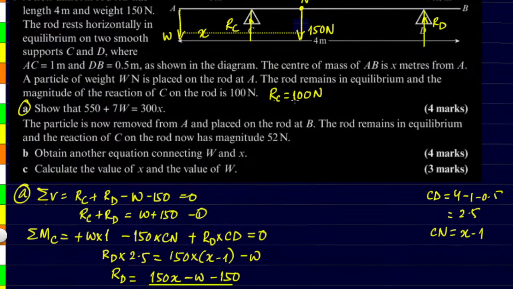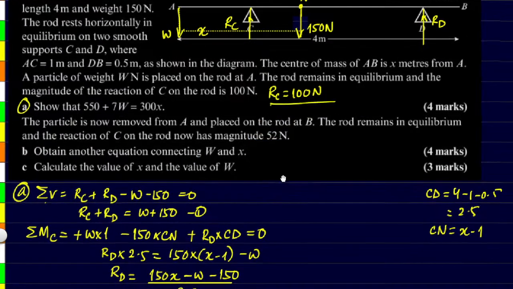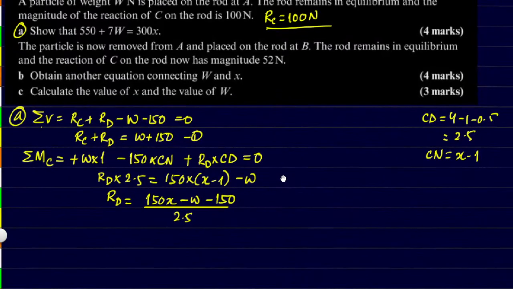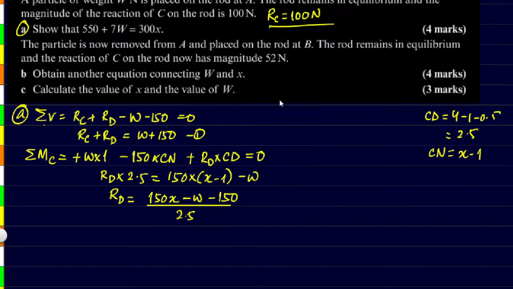Okay, the magnitude of reaction RC is given now. That value we have to use. RC is given, so RD equals W plus 150 minus RC. Correct?